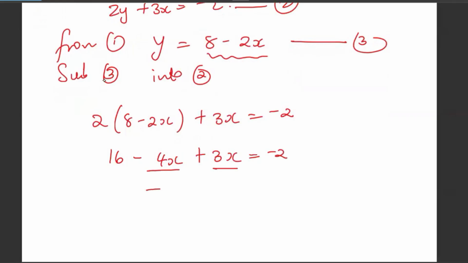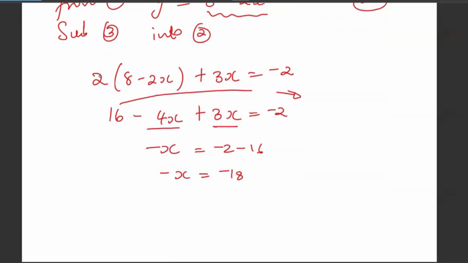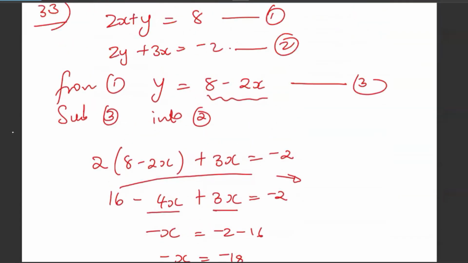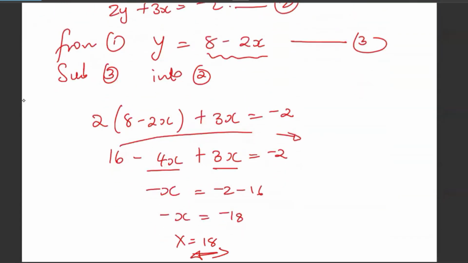Simplifying this, I'll have negative x. When I move the 16 to that side, it's going to be negative 2 minus 16. So negative x is equal to negative 18. Then divide through by negative 1, meaning that x is going to be 18. So if x is 18, then I need to get this answer and replace it into equation number 3.